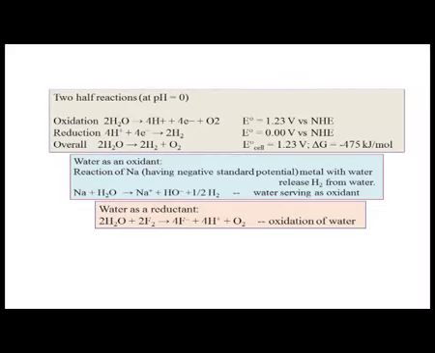The textbook example for water as a reductant is 2H2O plus 2F2 gives 4F minus, 4H plus and O2. So, this is a typical example of oxidation of the water molecule, where fluorine is the oxidizing agent.